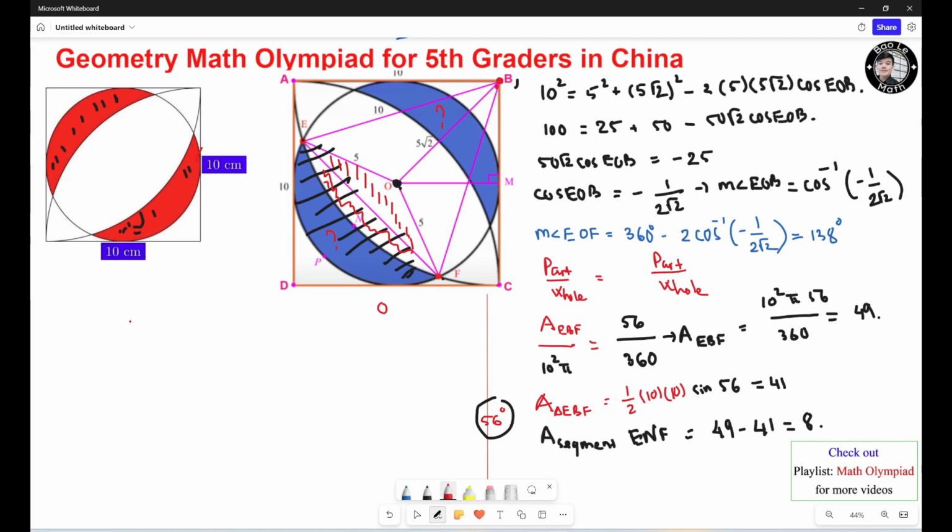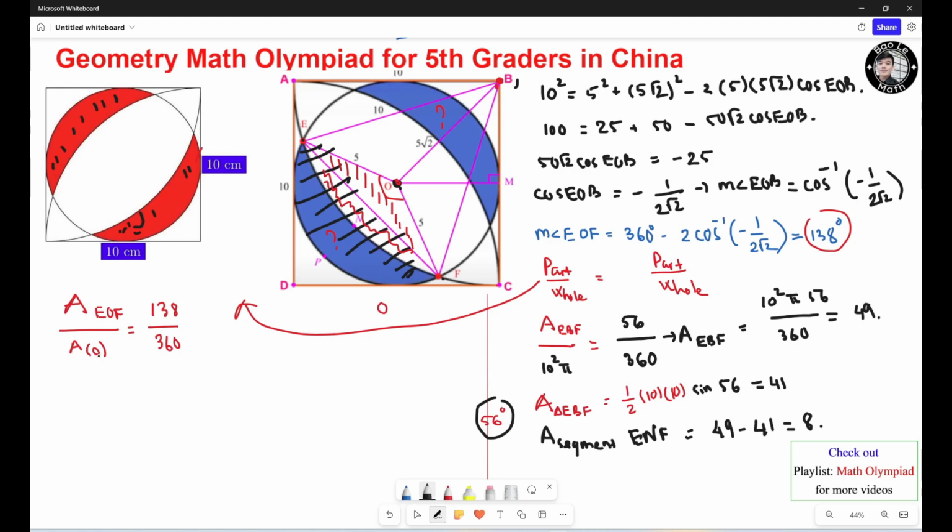So now the area of the sector EOF. We use the formula right here, part over whole. I have the area of the sector EOF over the area of the circle O. The measure of the angle O right here, we just calculated, 138, so it could be 138 divided by 360.